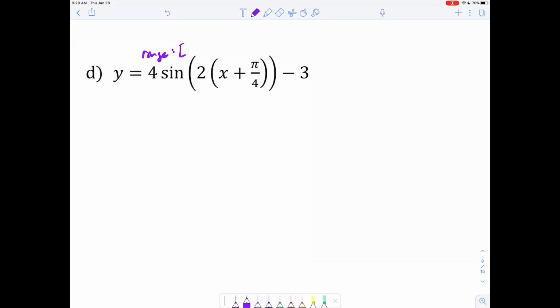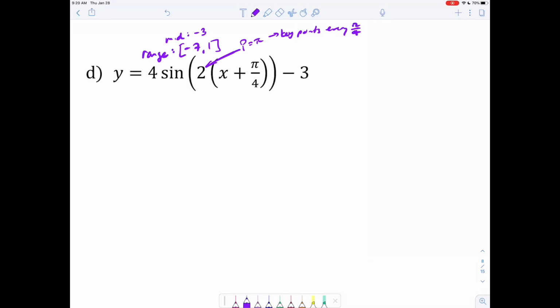My range here, multiplied by 4, I subtract 3, is that. And that means I have a mid halfway between -7 and 1, which is -3. The period is pi. Key points, every quarter of that.